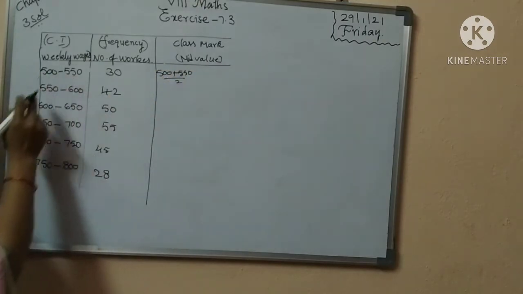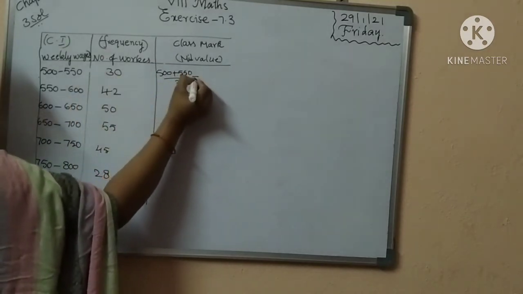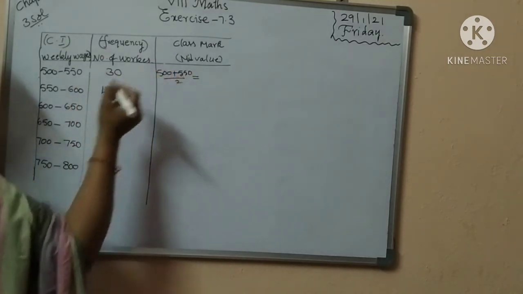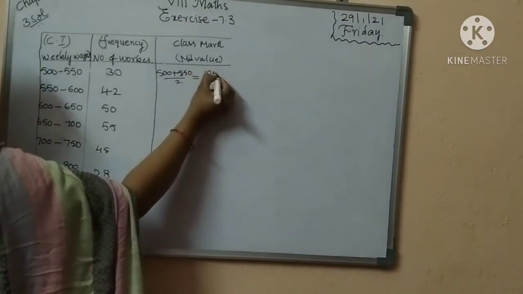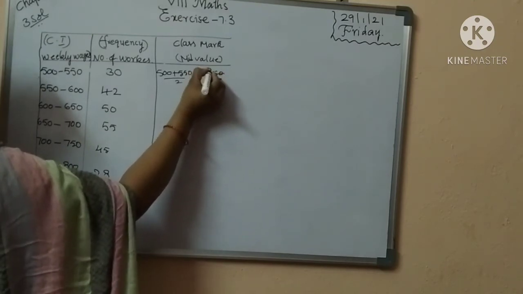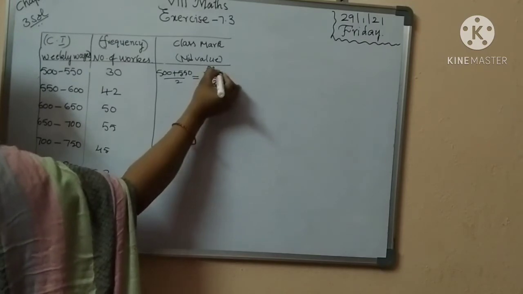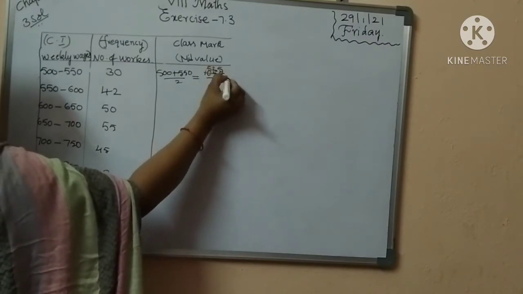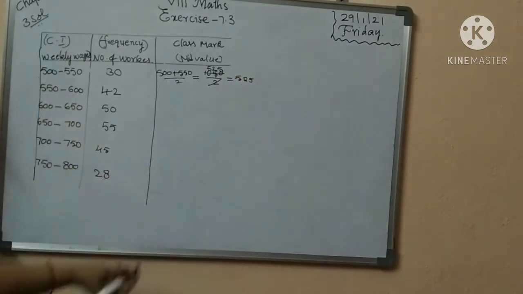Average means here there are 2 terms, so by 2, the number of observations. 500 plus 550 is 1050, by 2. 5 2s are 10, 2 2s are 4, 5 minus 4 is 1, 1 0 is 10, 5 2s are 10. The value is 525.